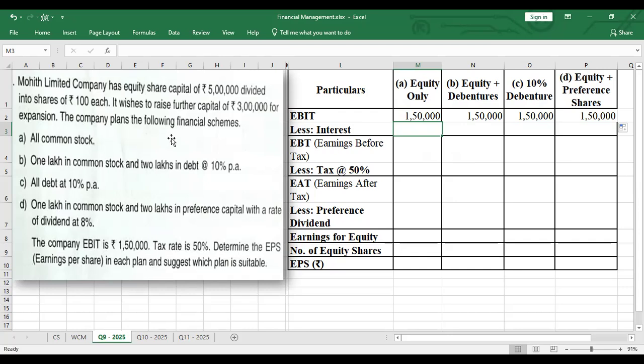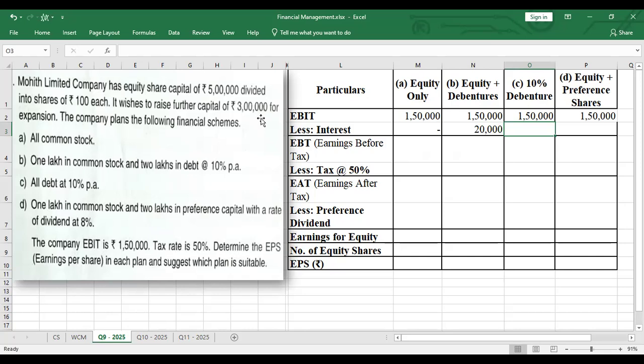So next, what we have to do, we have to deduct interest. In plan one, only we have equity, because of that, no interest. Second plan says that 1 lakh equity, remaining 2 lakhs from debt. So 2 lakh into 10%, because 10% rate of interest they have given, that is 20,000. Next one, 10% debenture.